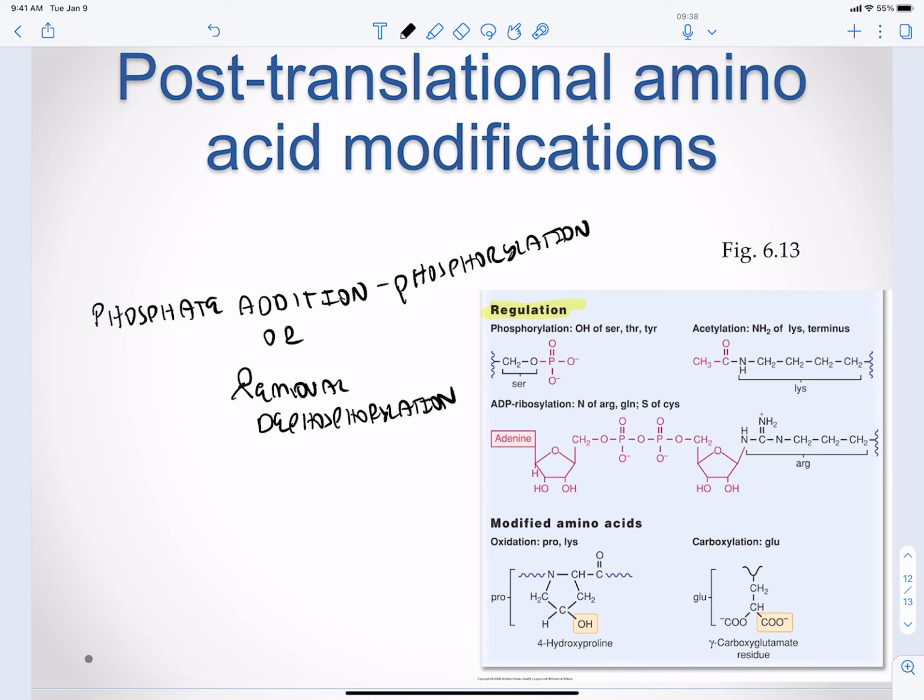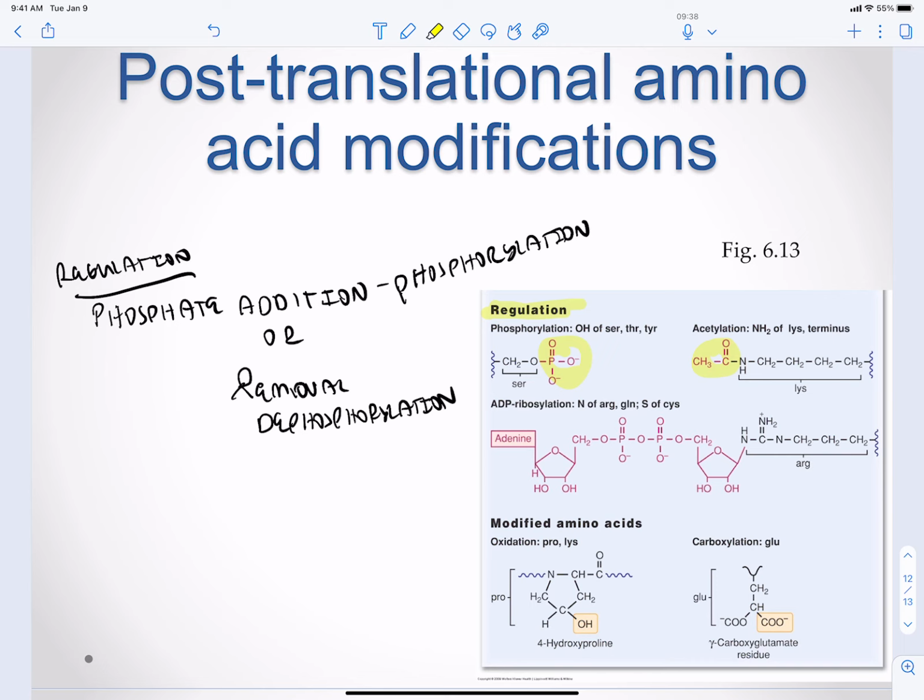It is involved in regulation, so adding phosphates or taking away phosphates. Same with acetylation. Again, we can have your phosphate added, and then it can be taken away. We also have an acetyl group that can be added, or it can be taken away.